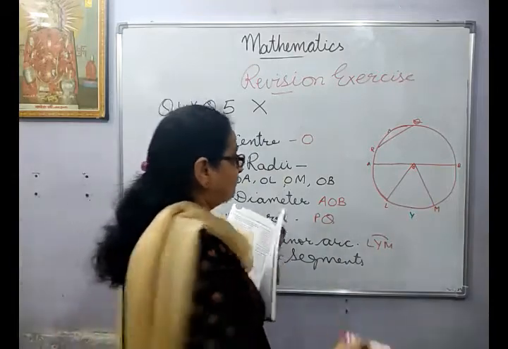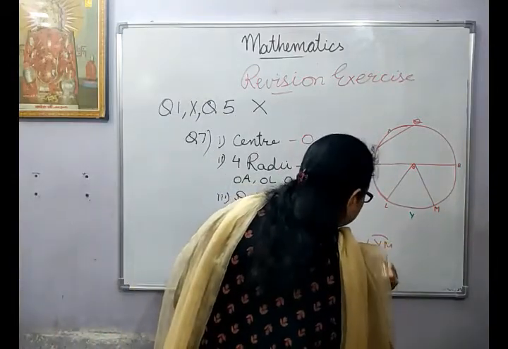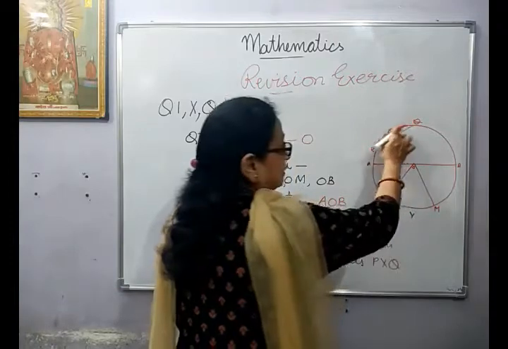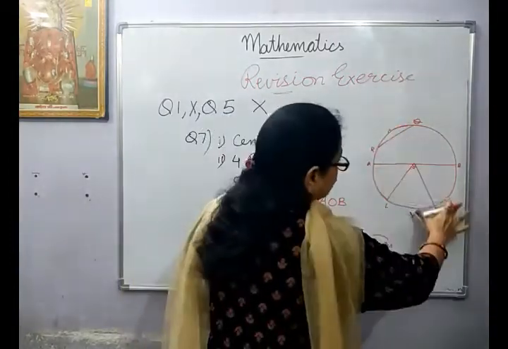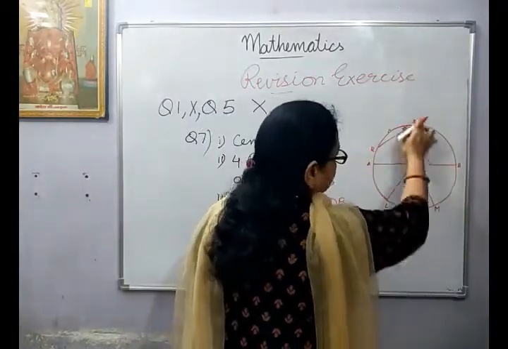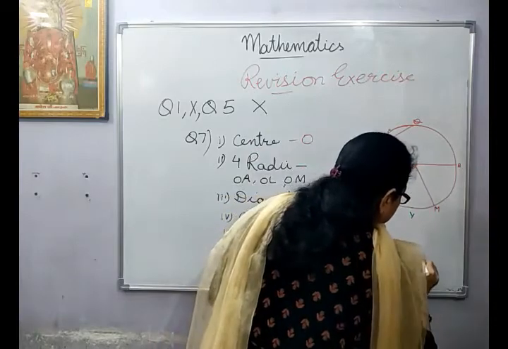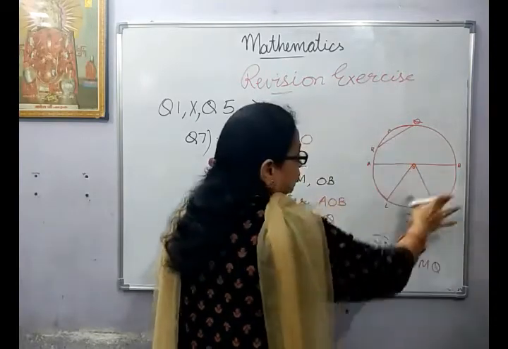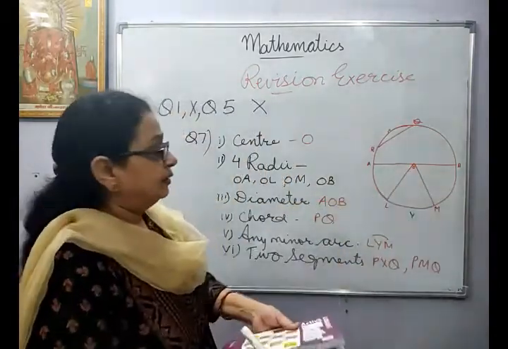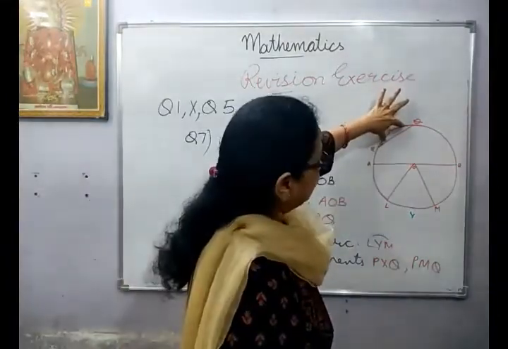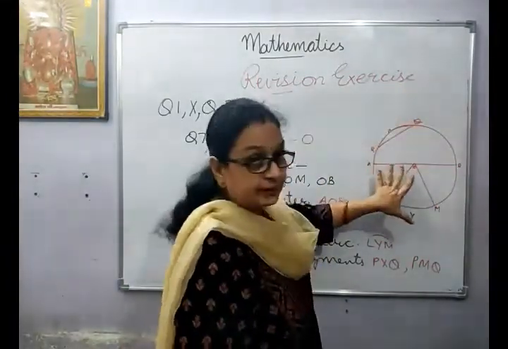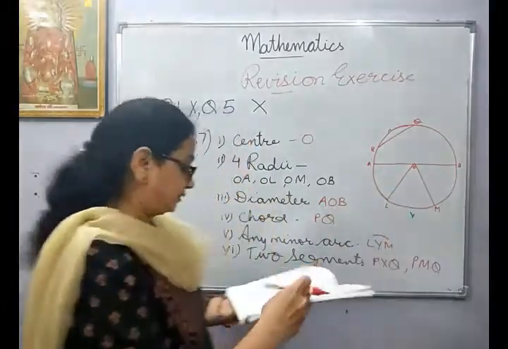So your one segment is PXQ. And the other one is the whole of this, P and Q, otherwise we can't label it. This is the smaller segment, and the remaining one is your major segment.